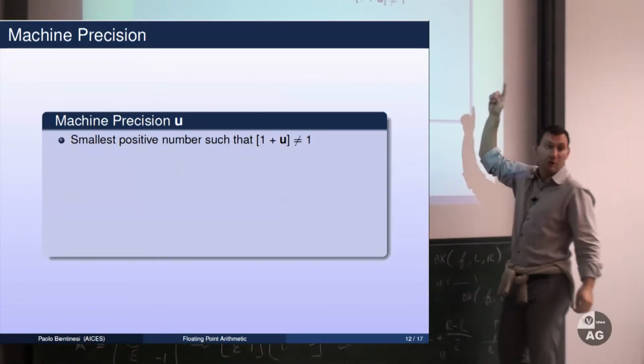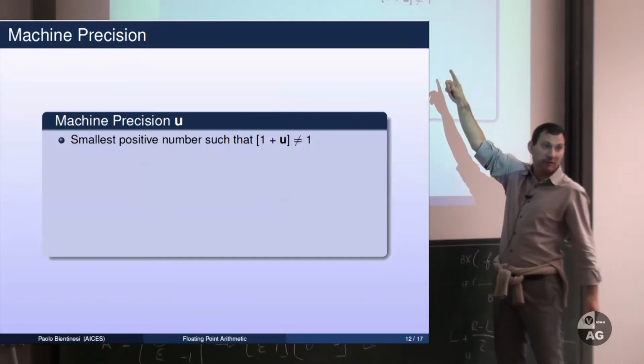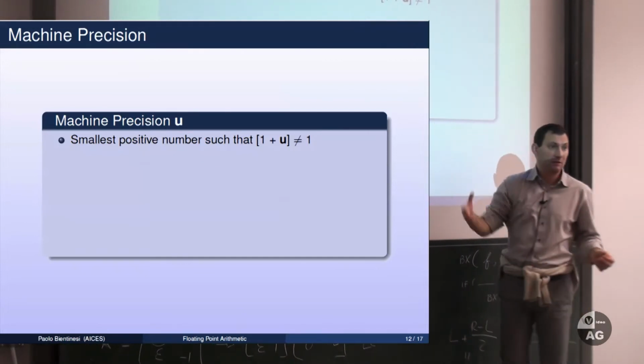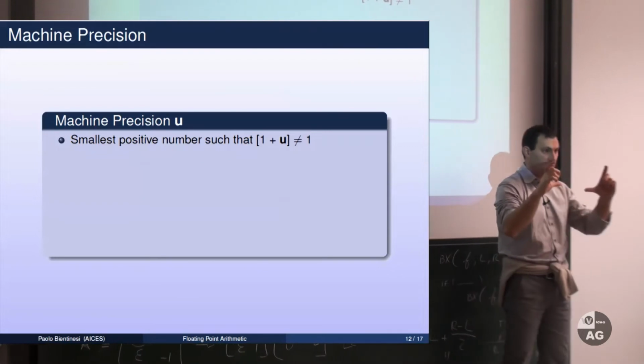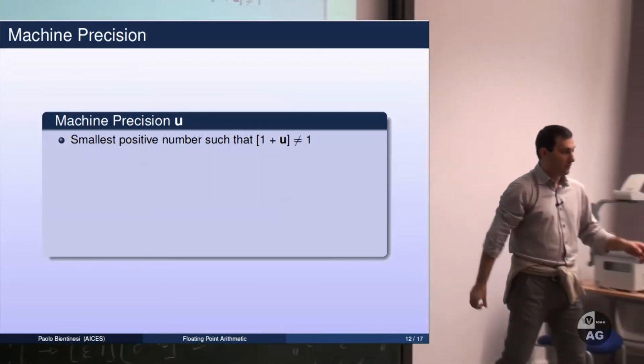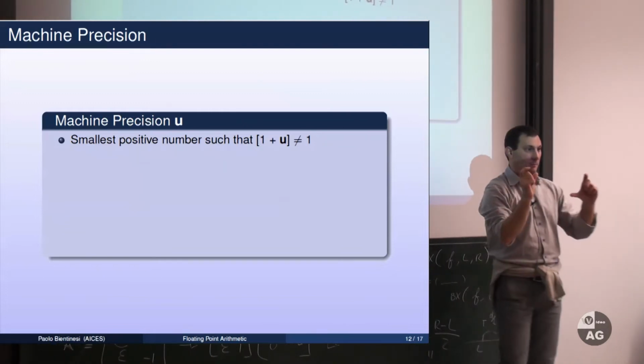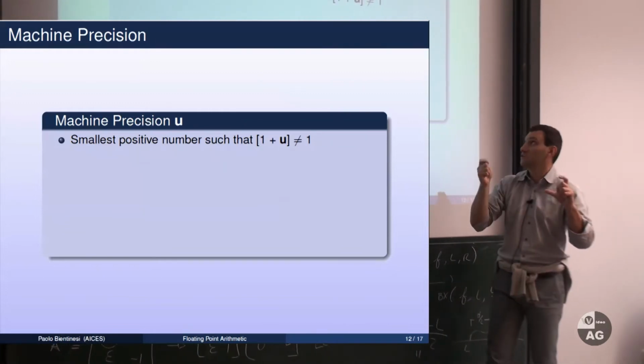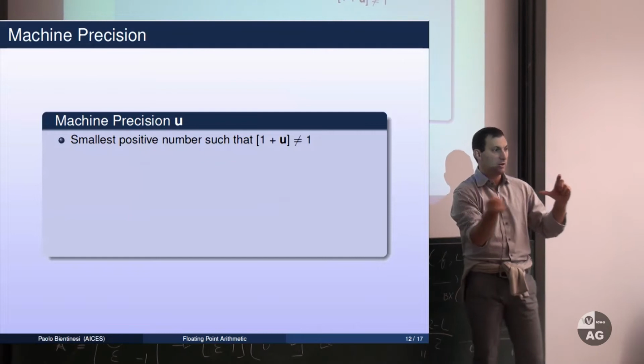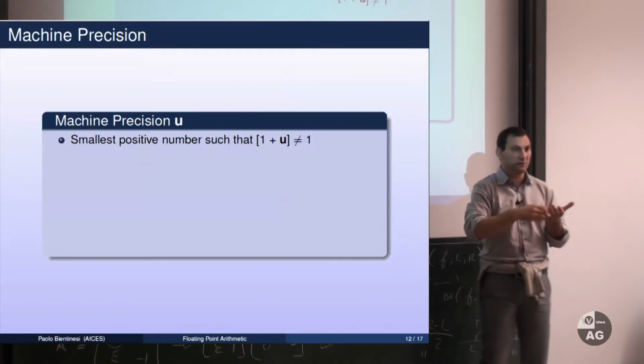So it means it's not a mathematical expression, it means it's something that is performed on a computer. So how can u be defined? It's the smallest number such that when you add it to 1, the result is different from 1.